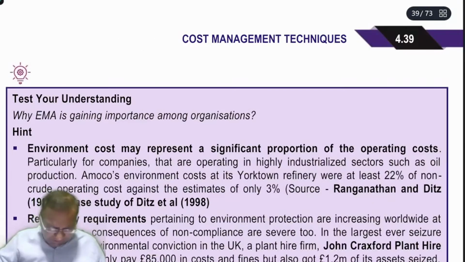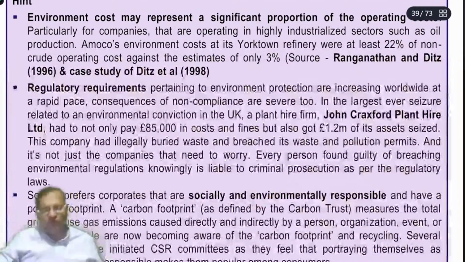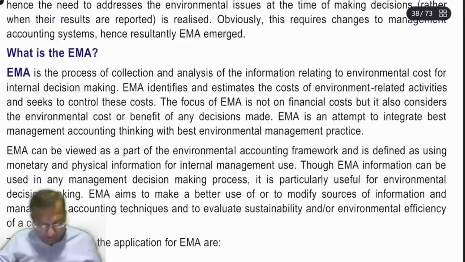An example is given that MOCO environmental cost is approximately 22%. In the United Kingdom, the company has been fined for not following the environmental management accounting regulation and the socially and environmentally responsible company. So have you given the heading?